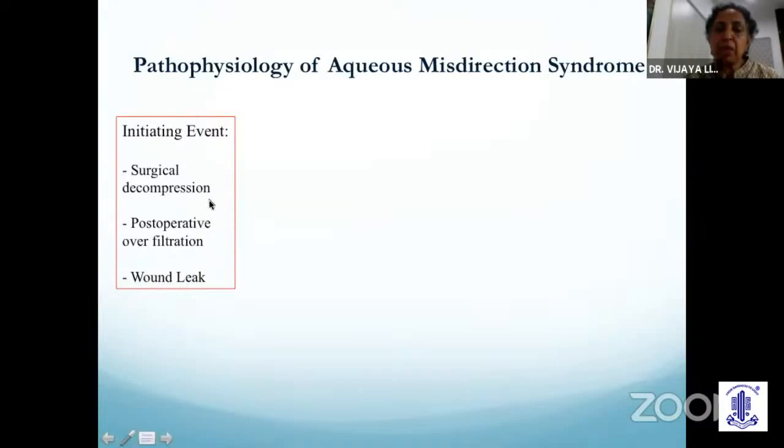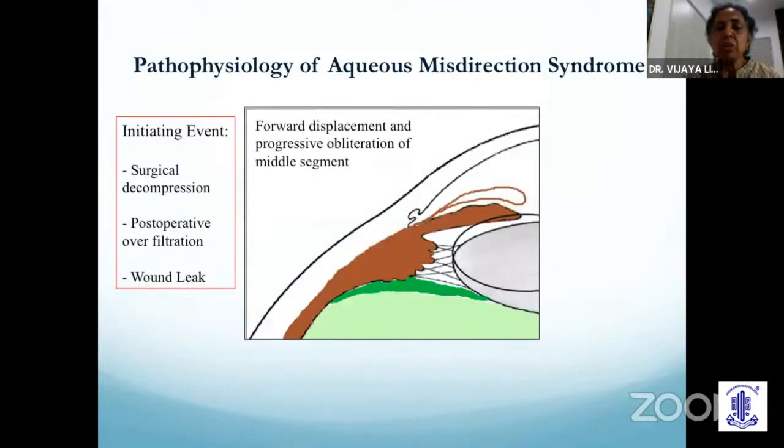When does it happen? It happens with any surgical decompression, that is doing a trabeculectomy in small eyes, or it may be in the post-operative period because of post-operative overfiltration. Even a wound leak causes the sudden collapse of the anterior segment and the middle segment, and results in aqueous misdirection.